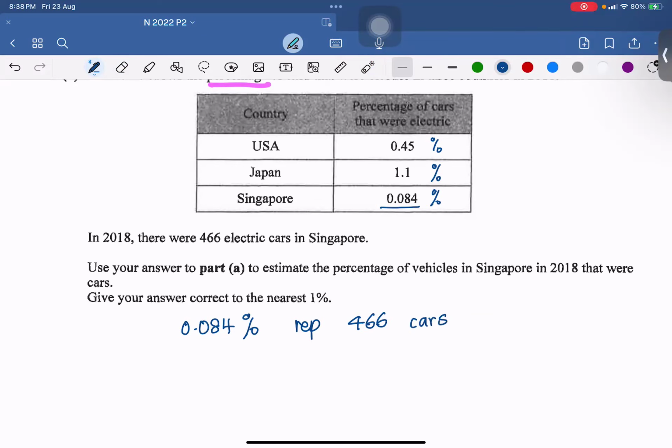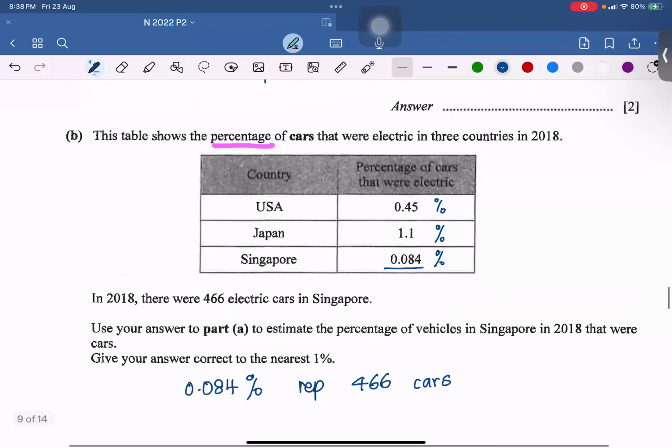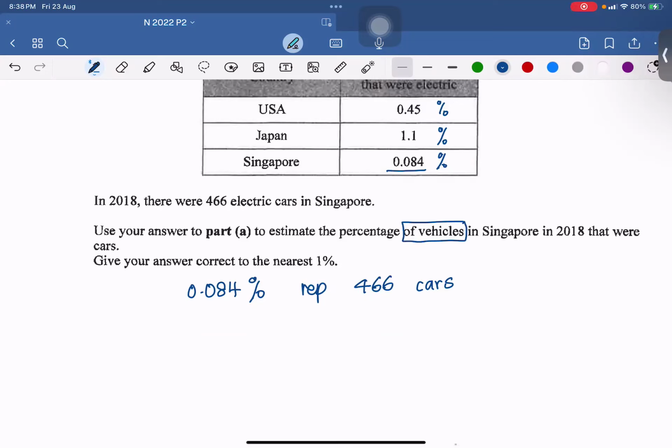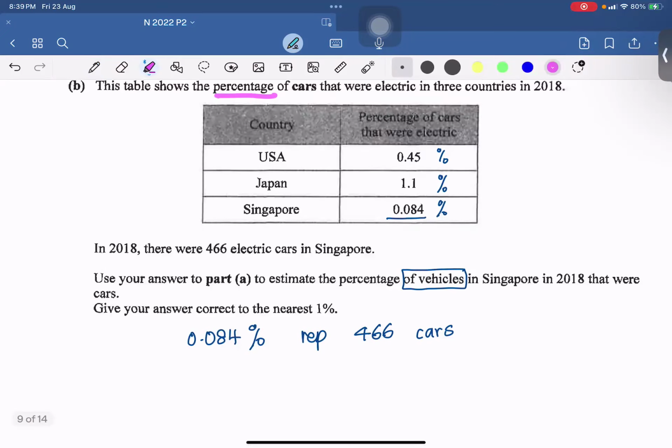Using my answer to part A, estimate the percentage of vehicles in Singapore that are cars. So what does this mean? The keywords here, one is vehicle, the other one is car.